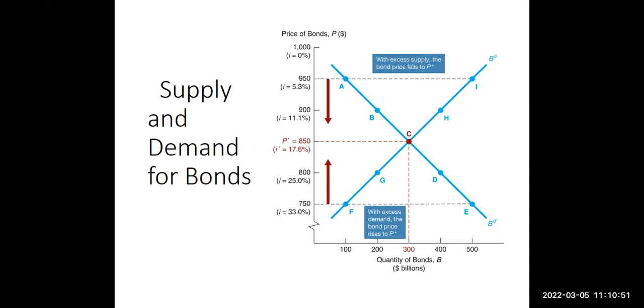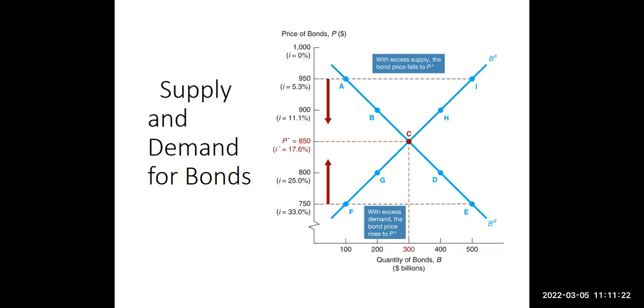But this is the opposite for interest rates, because we know that when the price of a bond increases, the interest rate decreases, and when the price of the bond decreases, the interest rate increases. So if you draw the demand curve for bonds against the interest rates, you will have a positive relationship between the quantity demanded of bonds and the interest rates on them.